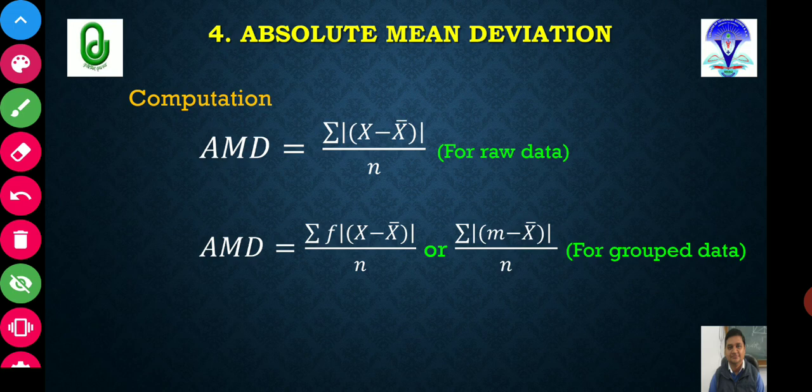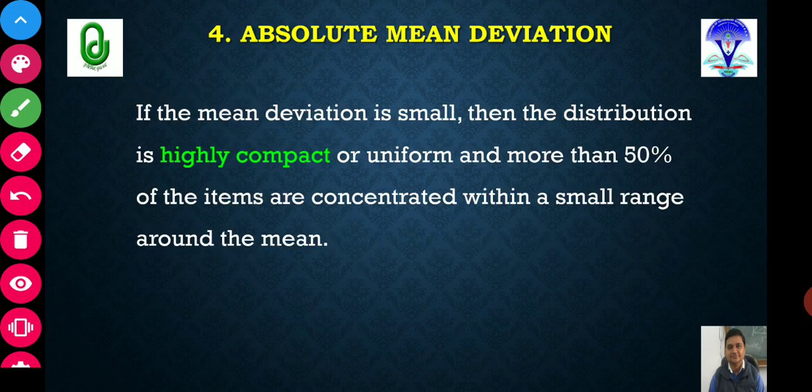Similarly, the same formula will be used for grouped data, but in grouped data you will take the mid value of the class and the frequency of that particular class. So this is the formula of absolute mean deviation.